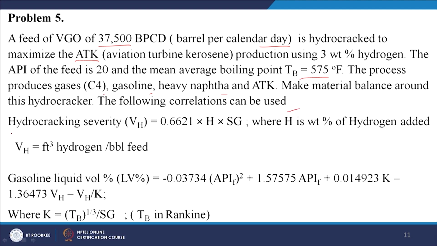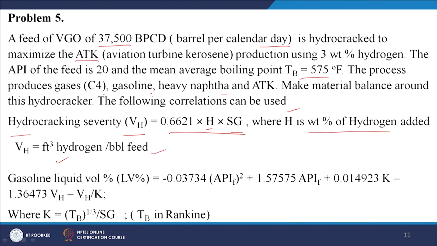Hydrocracking severity we can calculate using this correlation: Vh is 0.6621 into H into Sg, where H is the weight percent of hydrogen added and Sg is the specific gravity, and Vh is the cubic feet of hydrogen produced per barrel of feed.